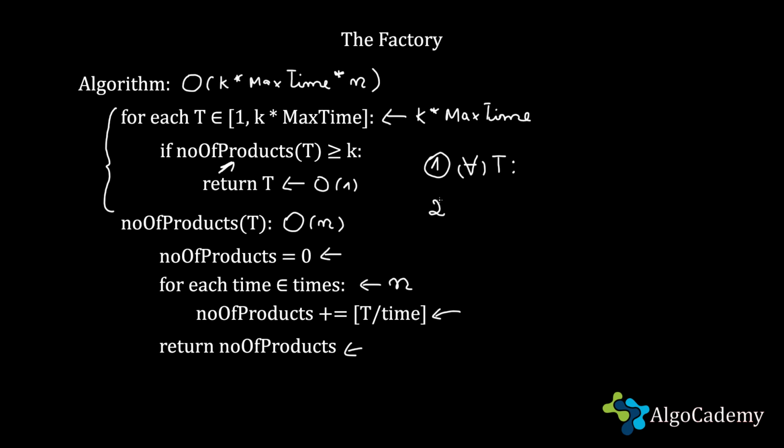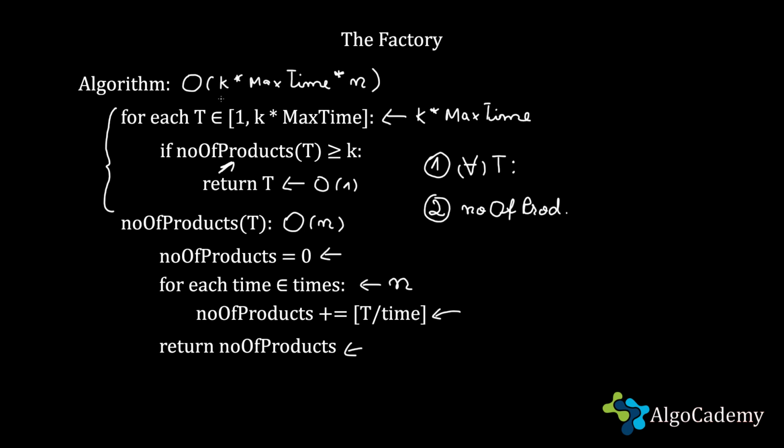And the second stage of the brute force approach is computing, for that value of t, how many products will be packed. So let's say number of products, right? From the function's name. These are the two steps, right?